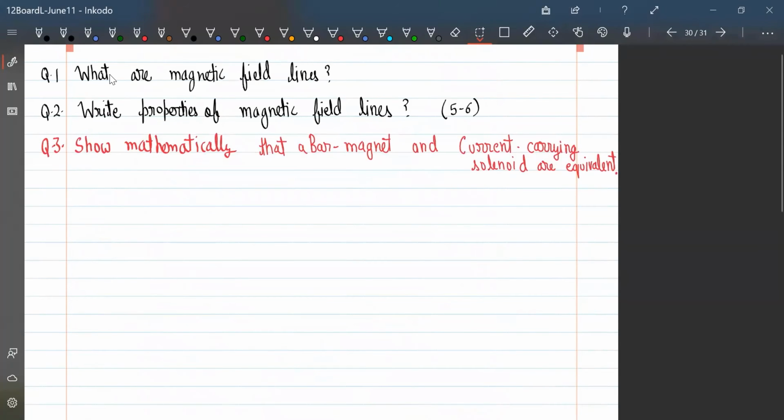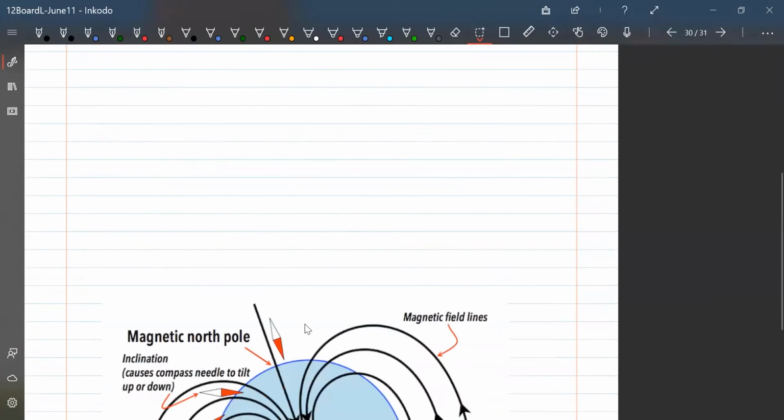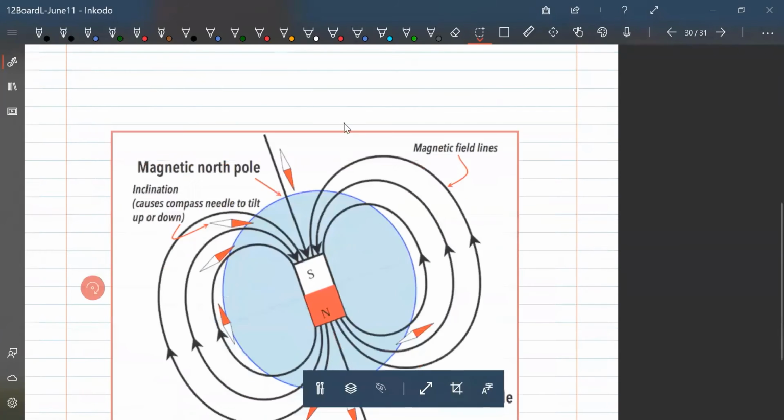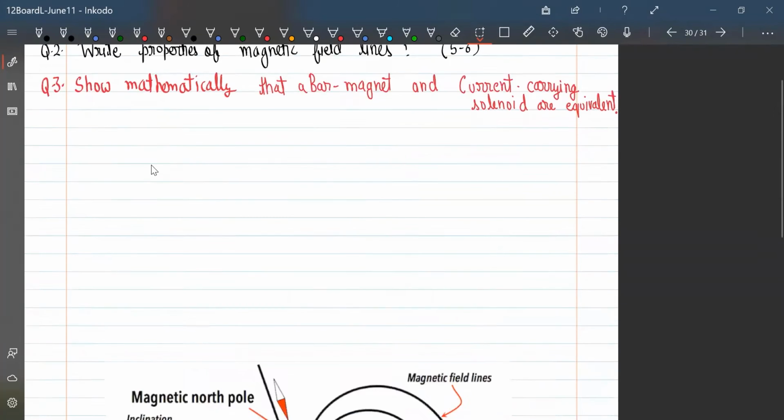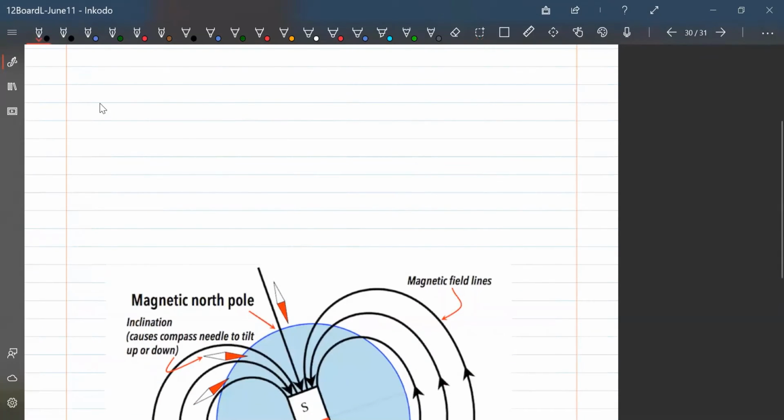Okay, next we're going to start with the Earth's magnetic field. So Earth has a magnetic field of its own.